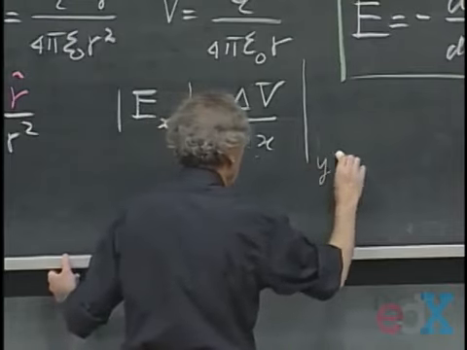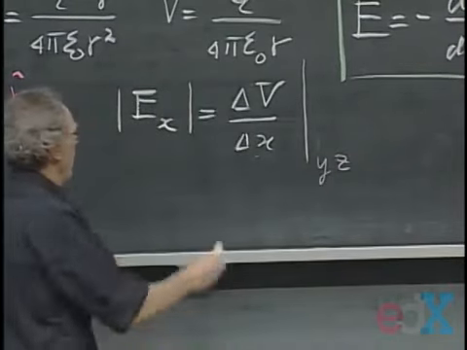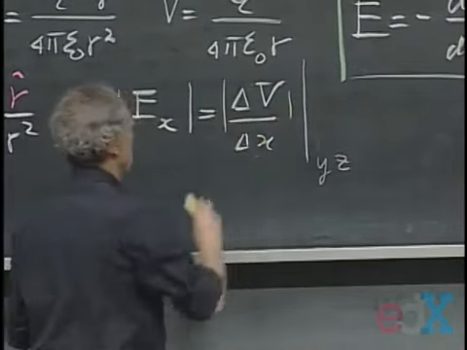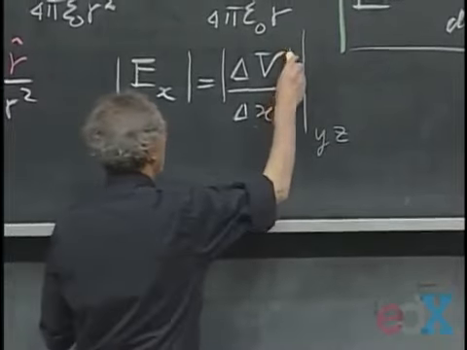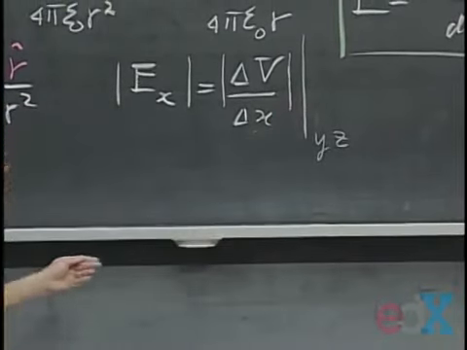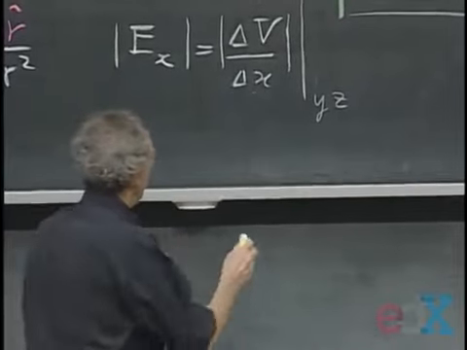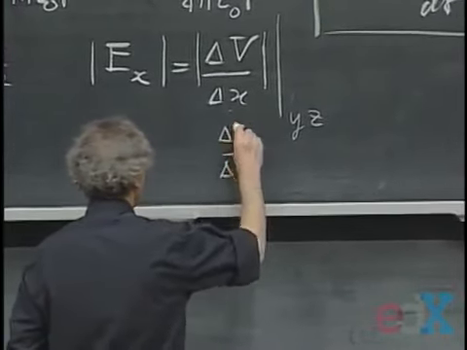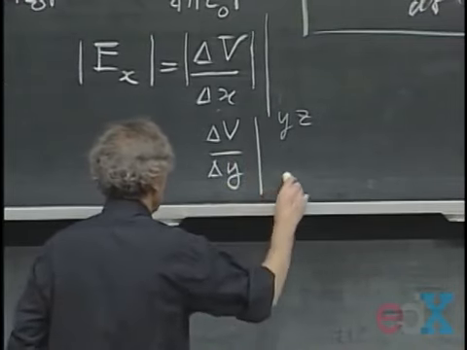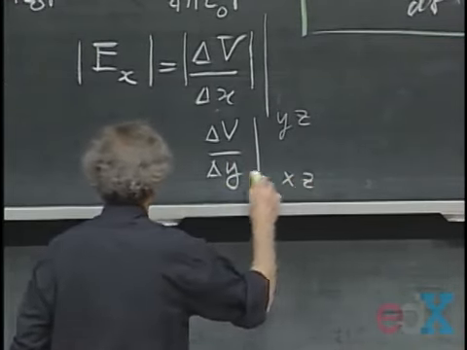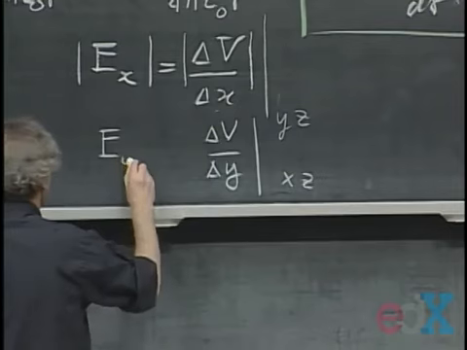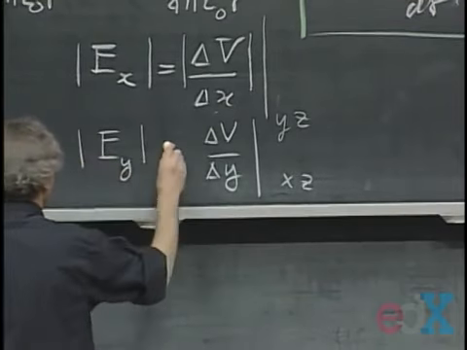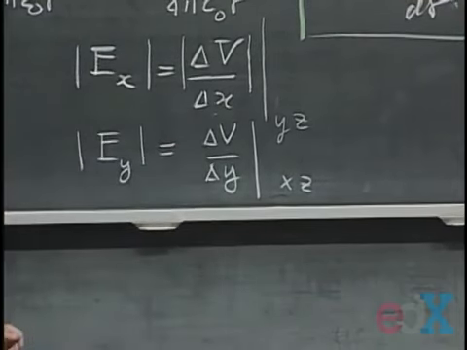And I keep y and z constant. And these are magnitudes. So that's why I put these vertical bars here. Equally, if I made a small side step in the y direction, and I measured a potential difference delta V, keeping x and z constant, that would then be the component of the electric field in the y direction.